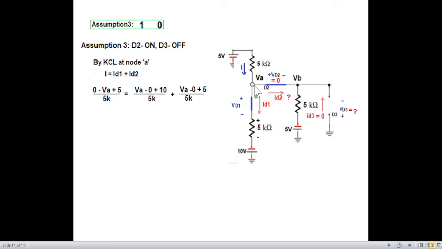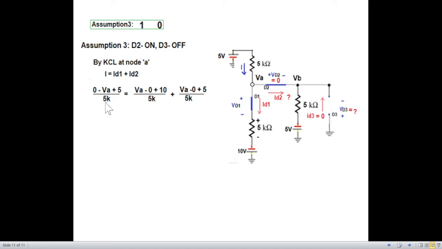So VA minus going to ground 0, and this is also adding, therefore it will be plus 10 divided by 5K. And similarly, this one, now this is open, so this current is actually going through this resistor and the battery. So we can say that VA minus 0 plus 5 divided by 5K.